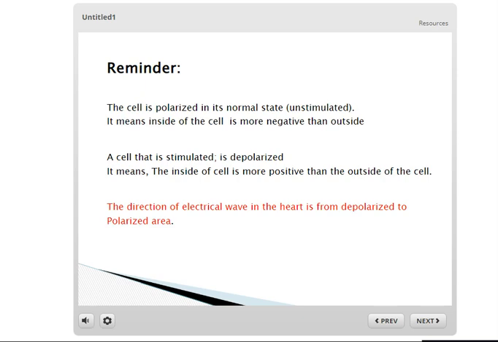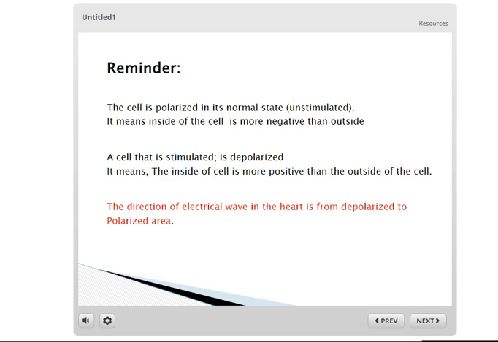As a reminder, in the normal, unstimulated state, the cell is polarized, meaning the inside of the cell is more negative compared to the outside. When the cell is stimulated, it becomes depolarized, meaning the inside of the cell becomes more positive compared to the outside.